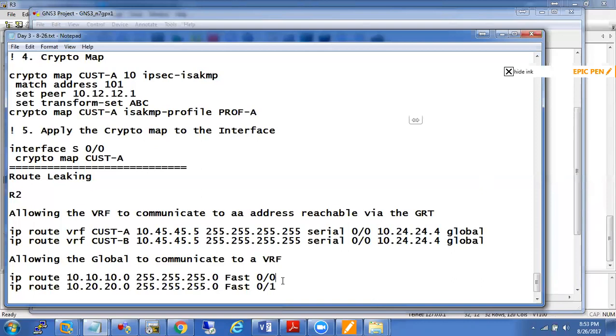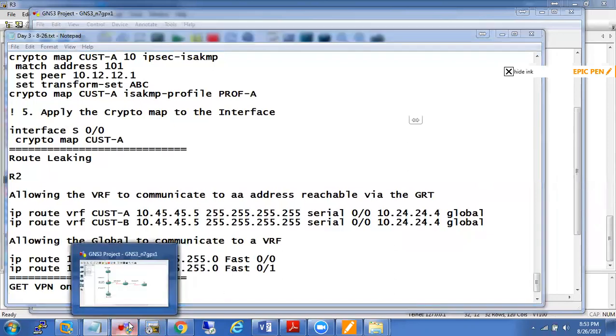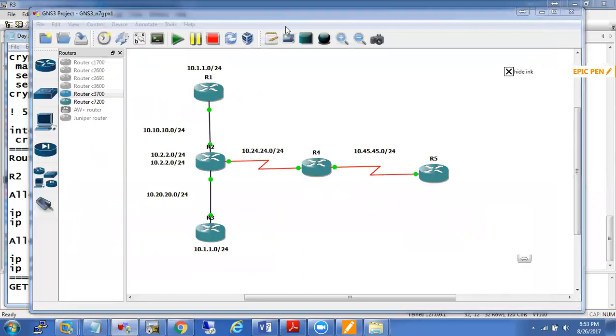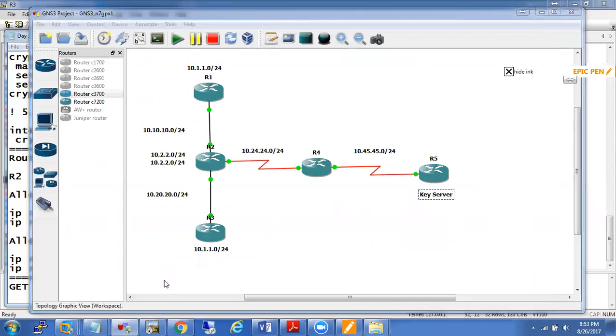All right. Good. Now let's do the GET VPN portion. Now help me out with the key server. The key server in my case, as we talked about, is for two different groups.